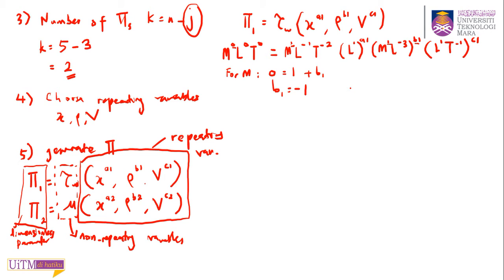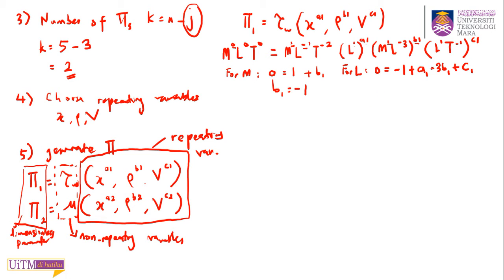Okay, it's easy. The second primary dimension is for L. So again, L 0. Okay, 0 will equal to 1 minus 1 plus we have L times A1, so A1, plus this one L minus 3 times B1, so will be minus 3B1, plus we have L1 times C1, so we will have plus C1.